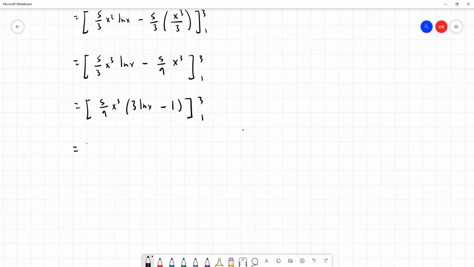So the upper limit's 3, so we've got 5 over 9 times, it's a dot rather than an x, times 3 cubed, 3 log 3 minus 1. And the lower limit's 1, so we're going to have 5 over 9 times 1 cubed, 3 log 1 minus 1.